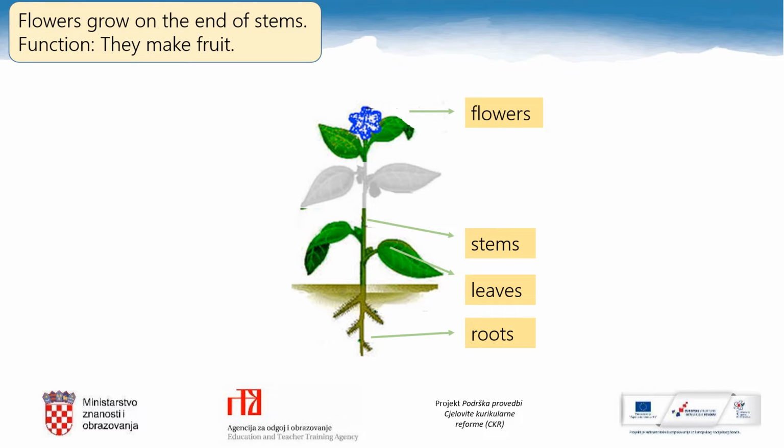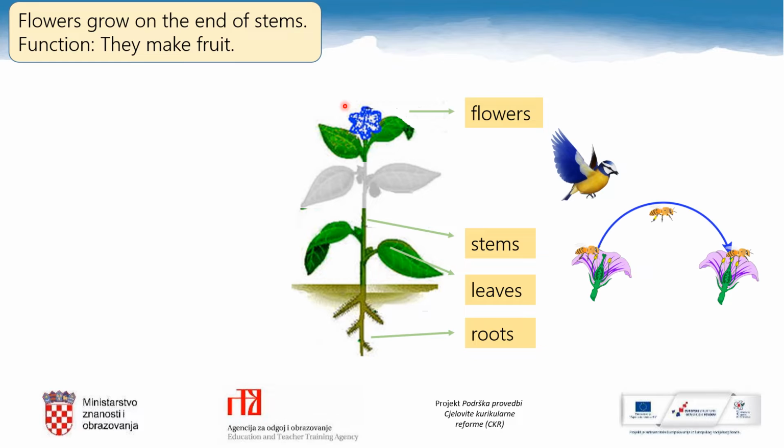The next are the parts that help the plant make a new plant. Flowers, just like leaves, grow on the end of stems, and they are the colorful part of the plant. Their function is to attract birds and bees and butterflies, and they help plants to make fruit or seeds.